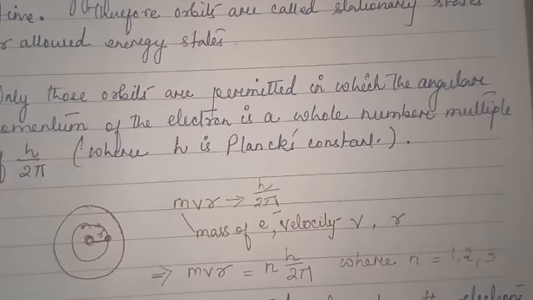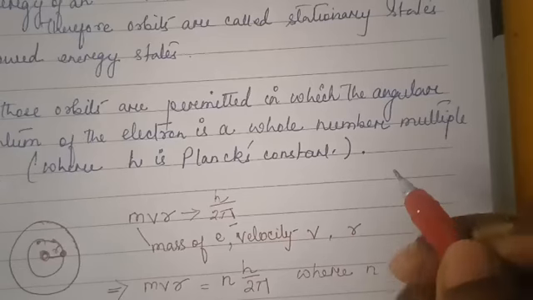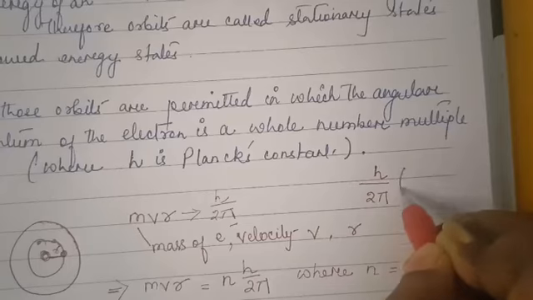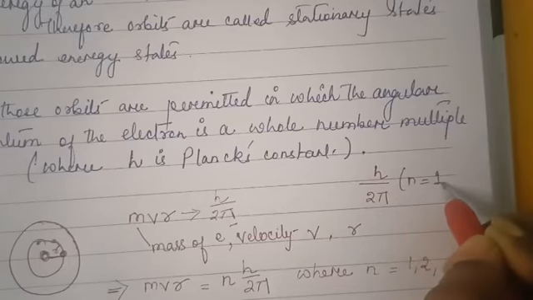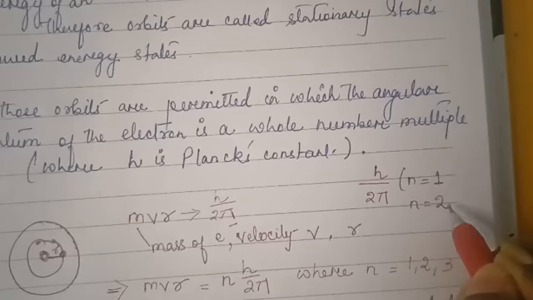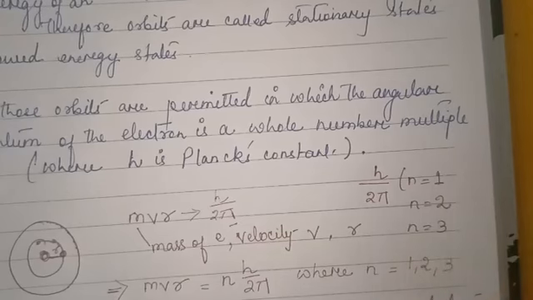Is it visible? Okay. In other words, the angular momentum of the electron may be represented as h by 2 pi when n equals 1, or 2 times h by 2 pi when n equals 2, or 3 times h by 2 pi when n equals 3.